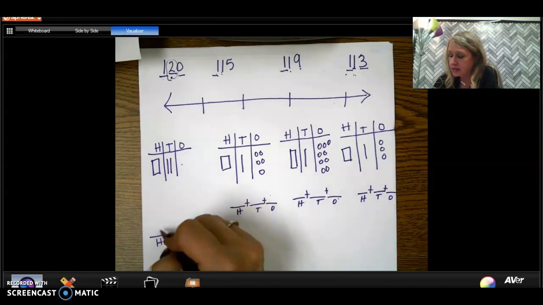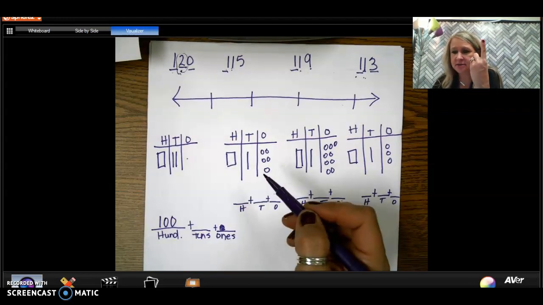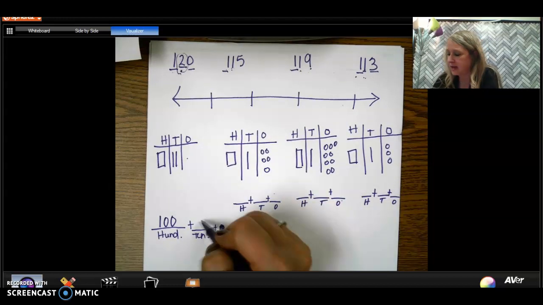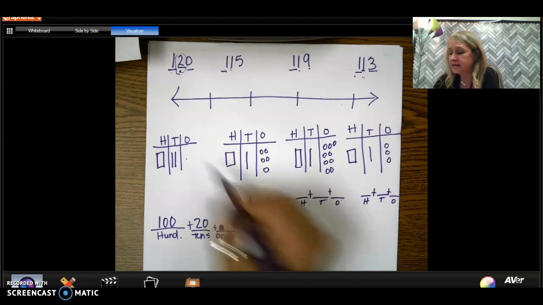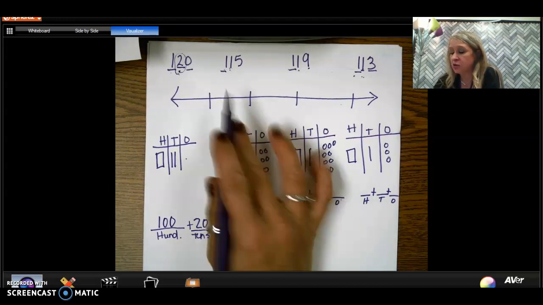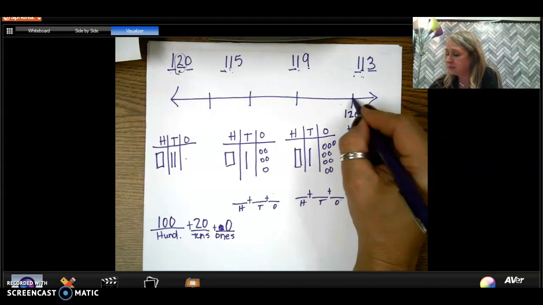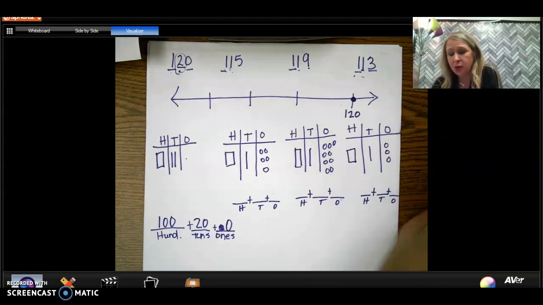So 100 is worth 100. 2 tens, 10, 20. That's right. And 0 ones. All right, so we know that 2 tens is more than 1 ten, so that's going to be our greatest number. 120. Whew, glad we got that out of the way.